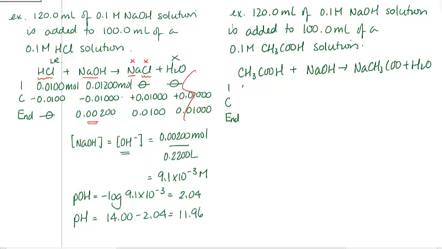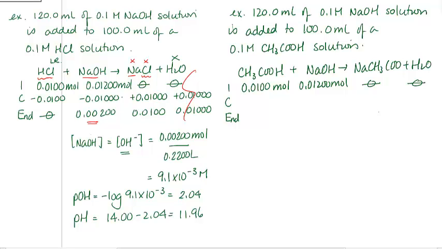Now once again, we use our modified ICE chart, and we end up with 0.0100 moles of our CH3COOH, 0.01200 moles of NaOH, and we start off with 0 amount of our salt, NaCH3COO, as well as 0 amount of H2O.